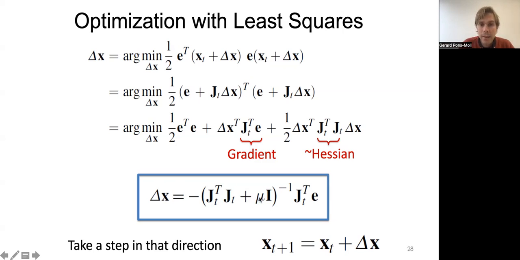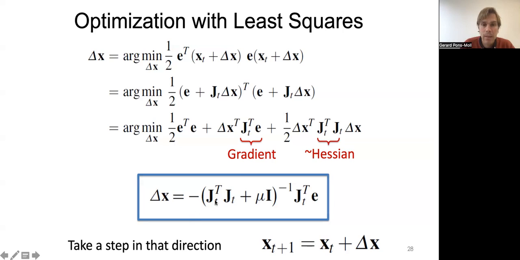Now, why do we add this mu times identity? This is essentially to make the inversion better behaved. Without this mu I, this is what is called the Gauss-Newton step: JTJ inverse times JTE. And if you add the mu I, first of all, what happens when JTJ is very small relative to mu I, so when mu is very high?